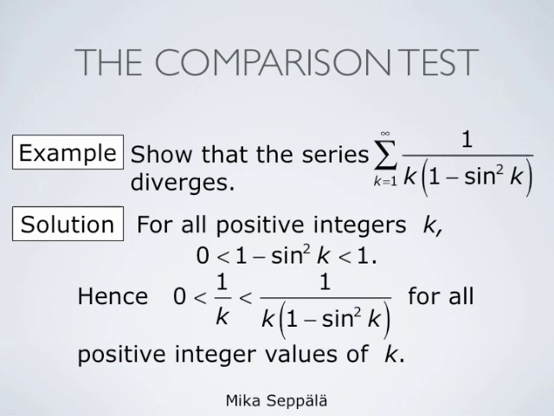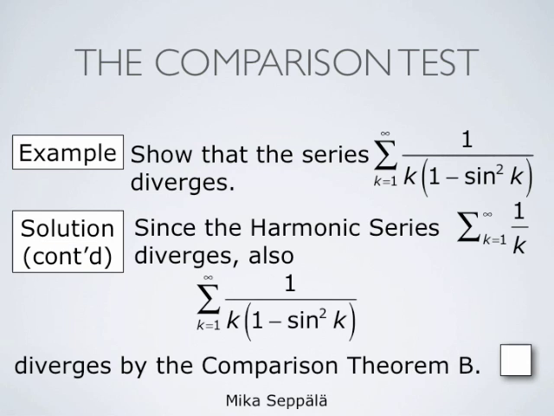Therefore, k times (1 minus sine squared of k) is always less than k. And this means that 1 over k is less than 1 over k times (1 minus sine squared of k) for all positive integer values of k. And now the harmonic series sum k from 1 to infinity of 1 over k diverges.